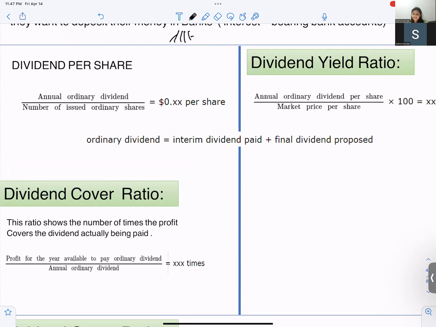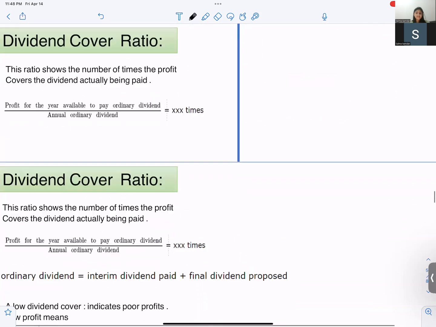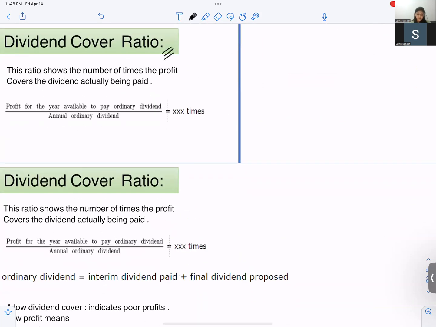Formula for dividend yield ratio is annual ordinary dividend divided by the market price per share into 100. Annual ordinary dividend, how do you get it? You get the annual ordinary dividend by adding the interim dividend that you have already paid plus the final proposed dividend.